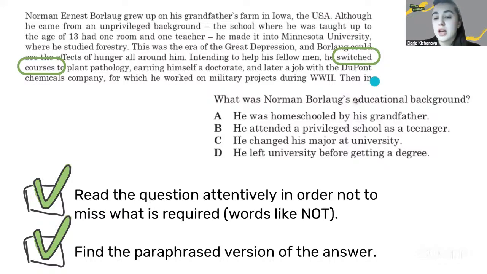So he changed his major at university. I can see that you answered correctly. So here we can see he changed, it was our answer. But in the text we have just the word switch. That means totally the same. So they just changed the word and wanted to confuse you. But when you are attentive, you can see all of these words.